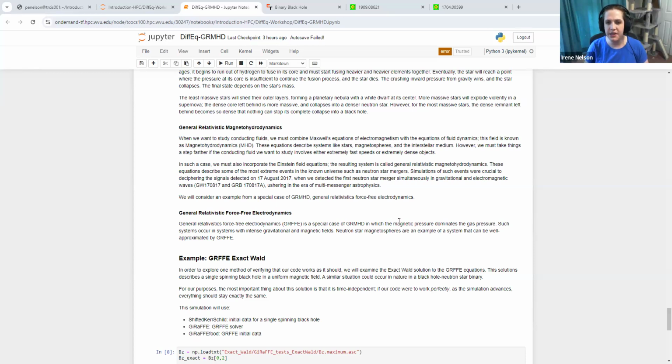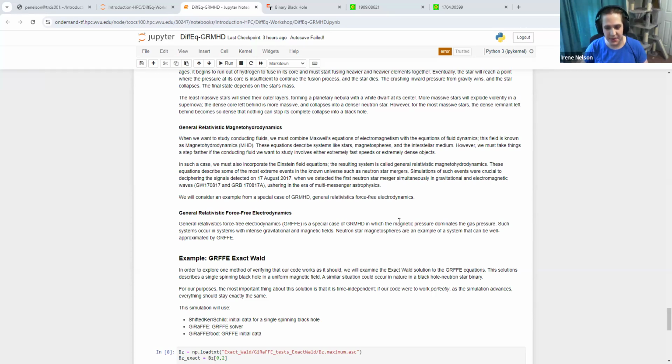This is what we have to use if we want to describe something like the merger of two neutron stars. To do this, we have to incorporate the Einstein field equations, which gives us a system called general relativistic magnetohydrodynamics, or GRMHD for short.